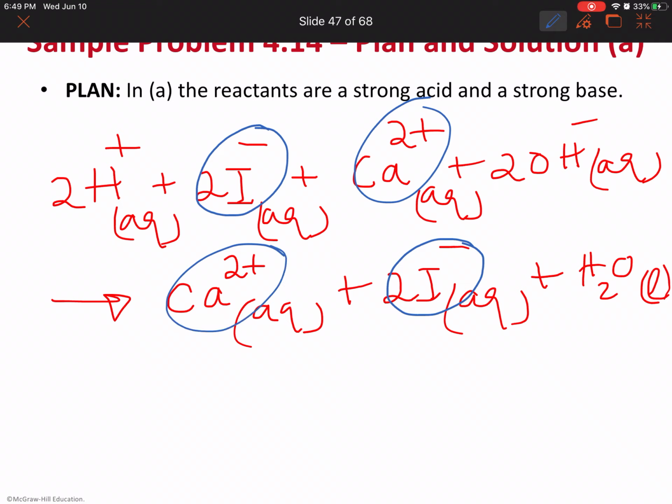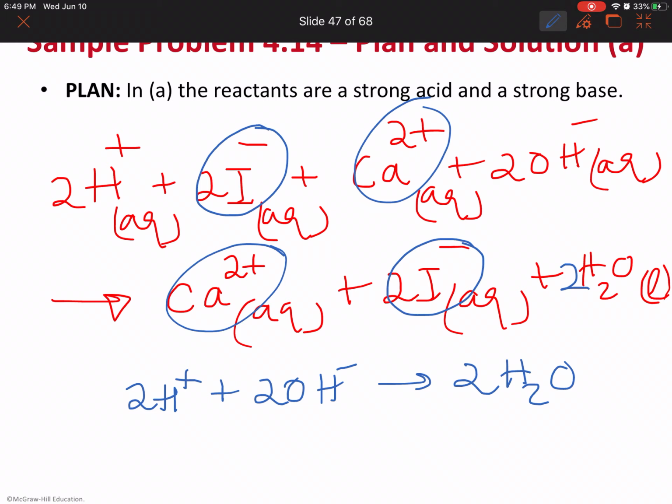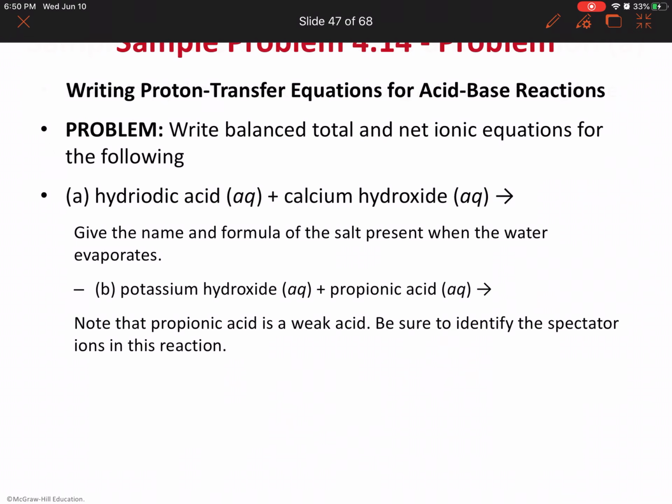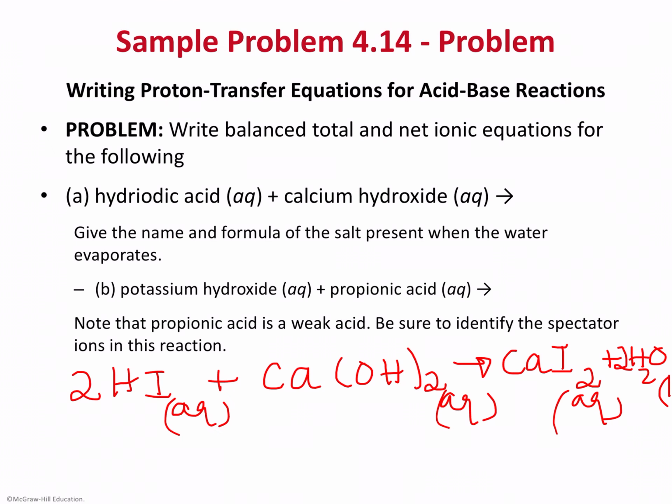So those are the spectator ions, and your net ionic equation would be 2H plus and 2 hydroxide, giving you 2 water molecules, H plus OH minus, giving you a liquid water, like that. Okay, so this is how you would write the acid-base reaction for a strong acid and a strong base. We already covered that in the previous section also.